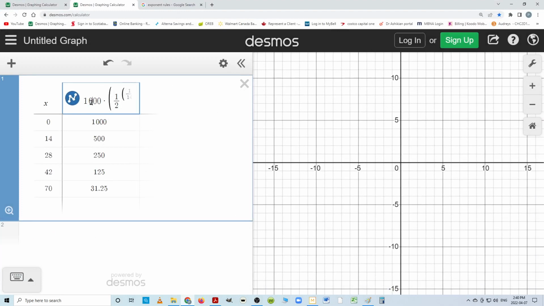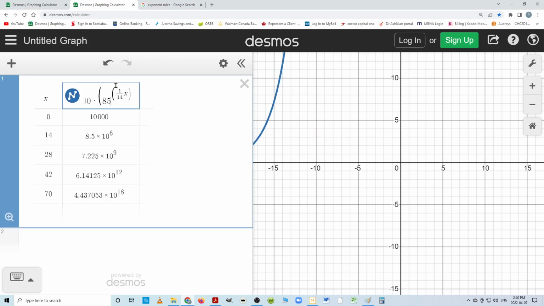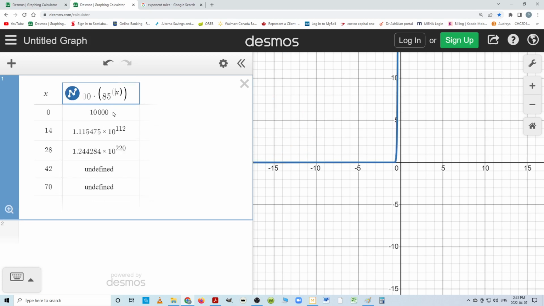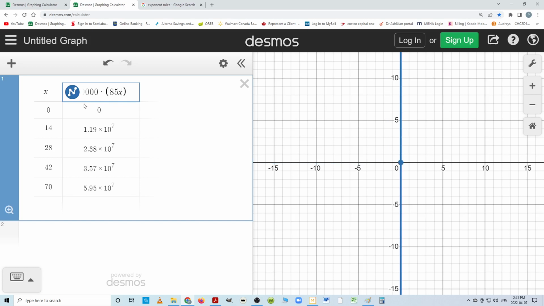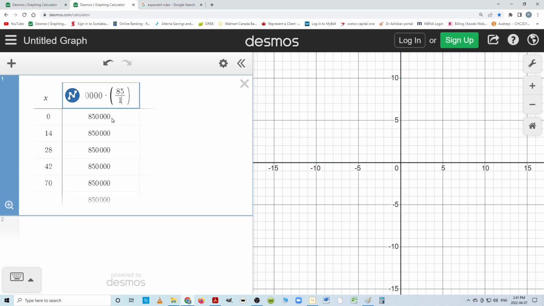So if I have a car that's worth 10,000 and it depreciates by 15%, so what's 15% off of 100? 85 over 100. Sorry if I said it was 15. And it's going to be to the exponent of x. So it's going to be 85 over 100, all to the exponent of x.